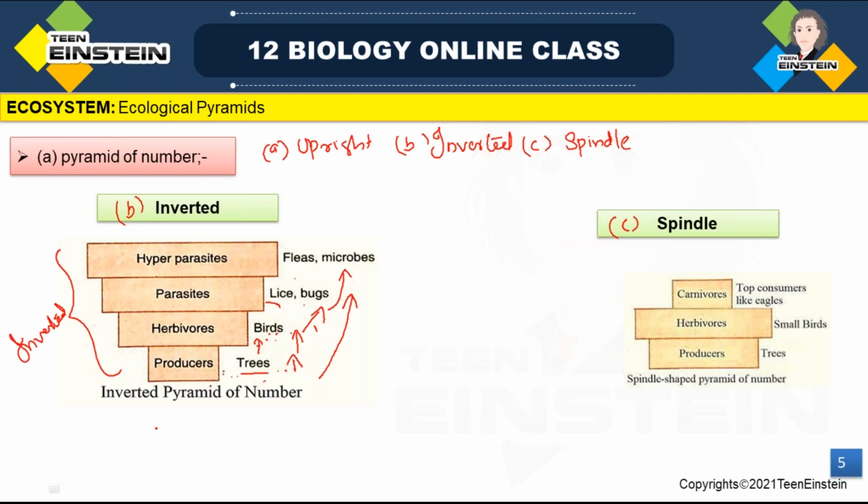So those parasites depend upon those birds for their nourishment, right? So that number will be much more than the number of birds. Then you can see these bugs, when moving to the microbial level, again the number is increasing. So in the inverted pyramid, the number is increasing as it goes up, but the shape is inverted.